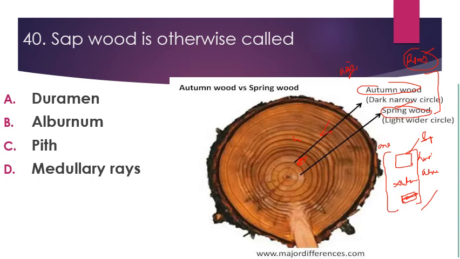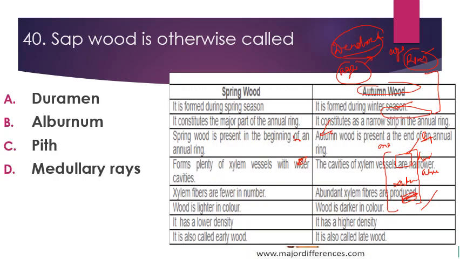By calculating the number of these rings, we can calculate the age of the plant. हम इससे प्लांट की एज का पता लगा सकते हैं, and the term used for that is dendrochronology. Dendrochronology is a technique by which we can calculate the age of a plant by counting these annual rings. Spring wood is formed during the spring season and autumn wood is formed during the winter season.